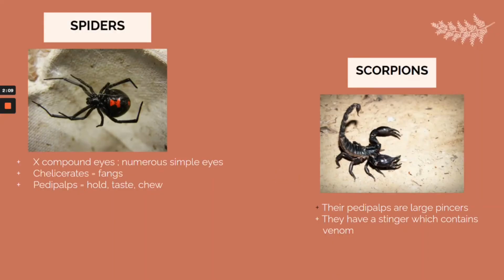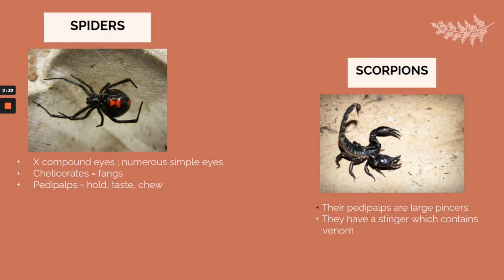For the scorpion, the pedipalps are large pincers, and they have a long abdomen with a stinger which contains venom. Spiders do not have compound eyes, but they have numerous simple eyes.